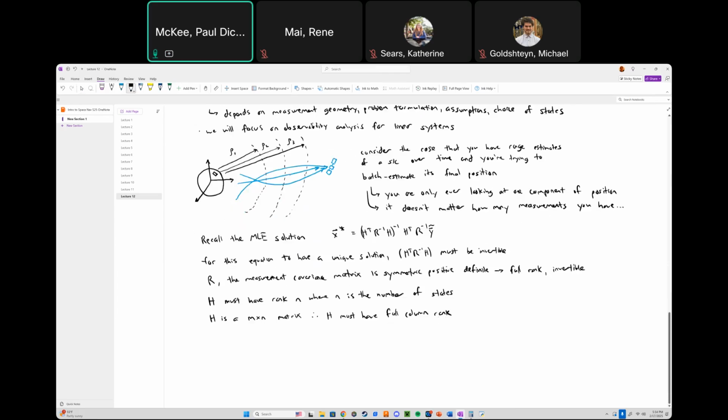So you can think of it this way. This is the big bullet point. The test for observability is: are the columns of H linearly independent? So generally, when you're thinking about observability, you can get pretty far by just thinking about it.